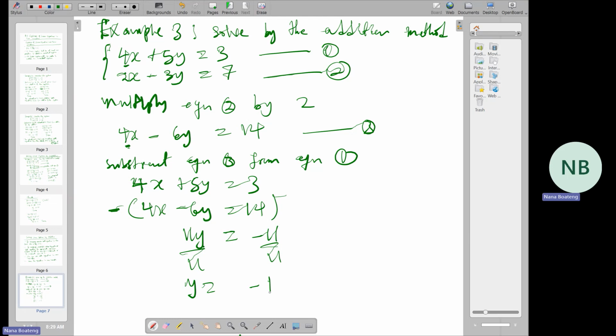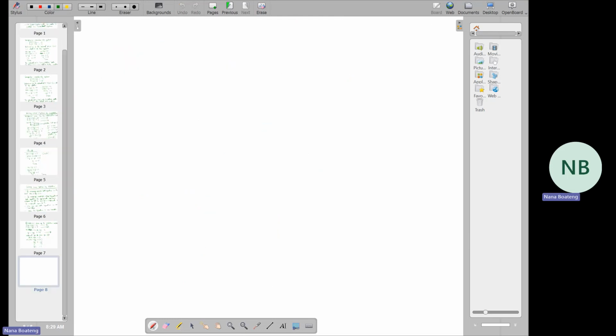If y is equal to negative 1, we can substitute y into any of the equations to find our x variable. So let's substitute y equals negative 1 into equation 1.